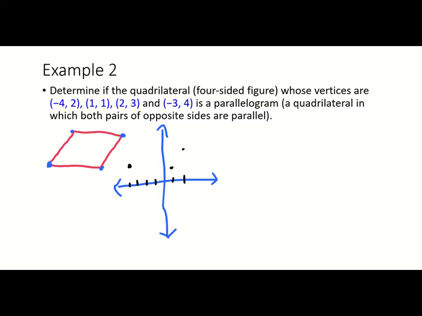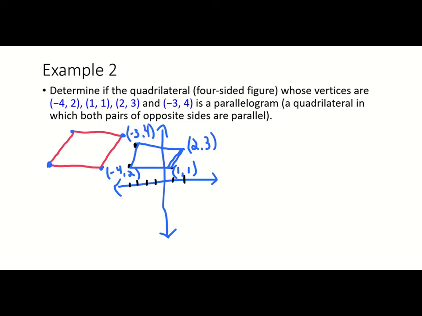And then (-3, 4), right there. All right, so here is our shape. I'll connect it. Again, fabulous drawing skills. All right, so we have our points: (-4, 2), (1, 1), (2, 3), and (-3, 4).